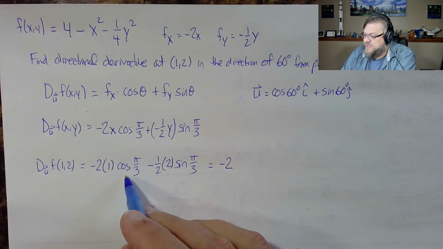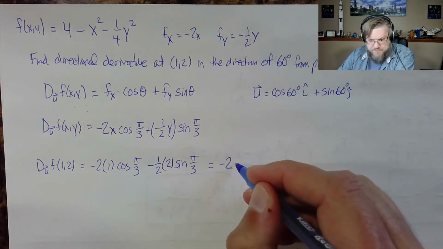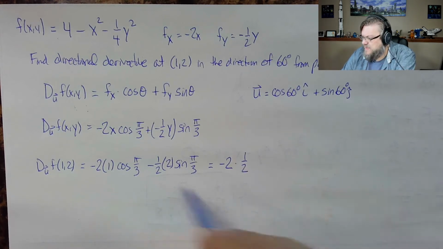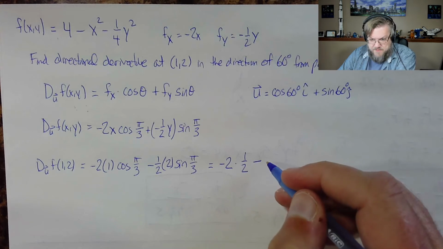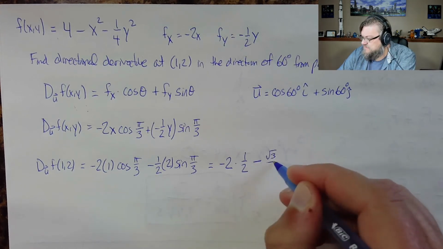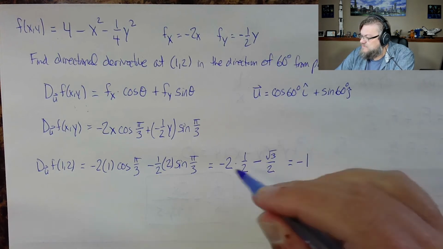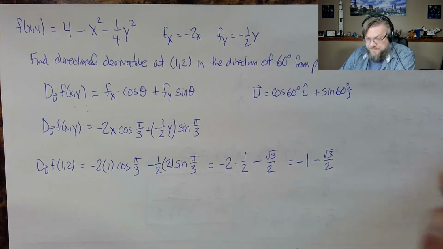The cosine of pi over 3 is 1/2. Negative 1/2 times 2 is 1. Sine of pi over 3 is root 3 over 2. So we end up getting negative 1, that's 2 times 1/2, minus square root of 3 over 2.